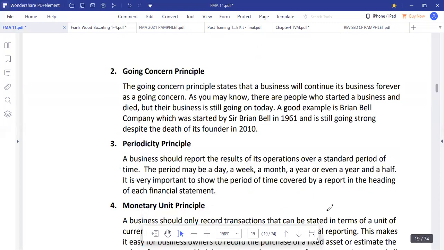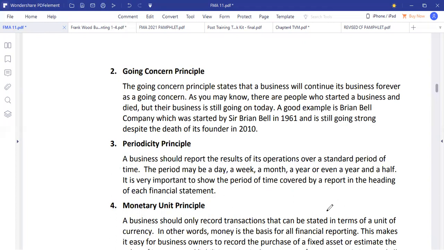There's also what is called the periodicity principle. The periodicity principle asserts that a business should report the results of its operations over a standard period of time. This period may be a day, a week, a month, a year, or even half a year. This is very important to show the period covered by a report.